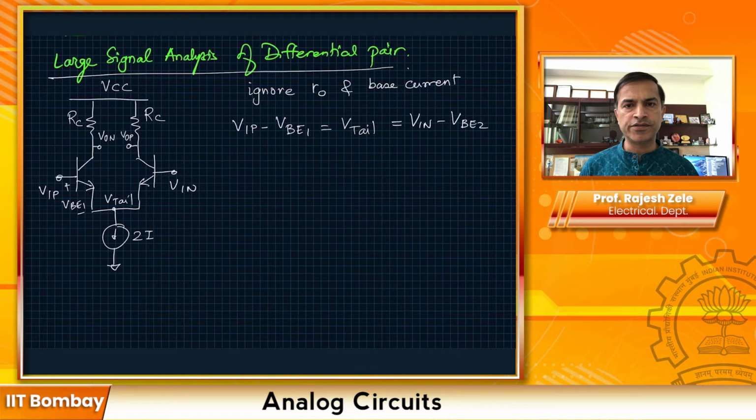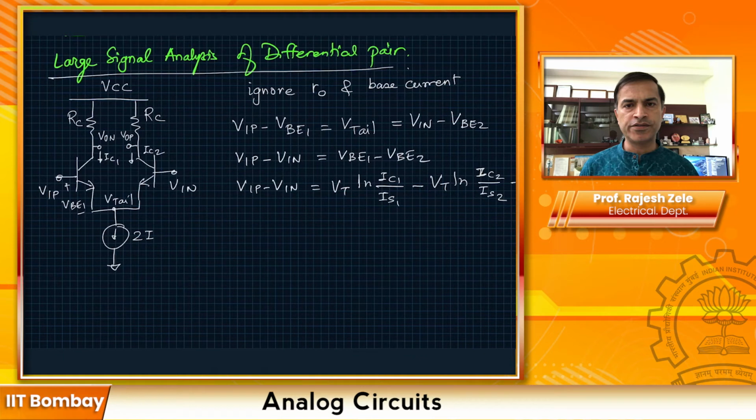So we can rearrange this as VIP minus VIN will be equal to VBE1 minus VBE2, which is VT ln of IC1 divided by IS1 minus VT ln of IC2 divided by IS2, and this is our equation number 1. Since the two transistors Q1 and Q2 are identical, IS1 equal to IS2, so this would become VIP minus VIN equal to VT ln of IC1 divided by IC2.